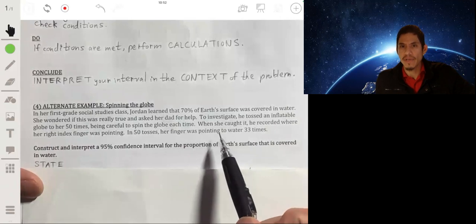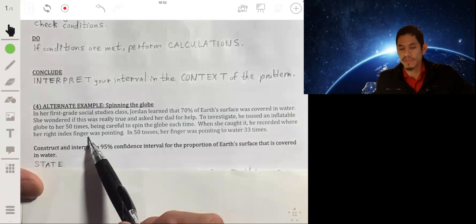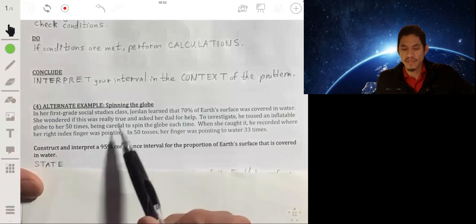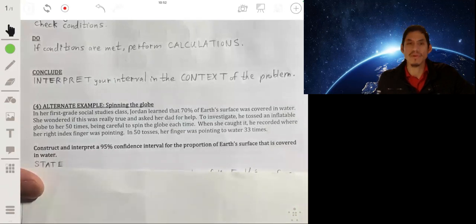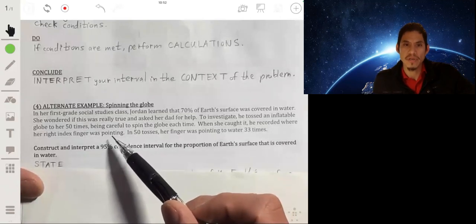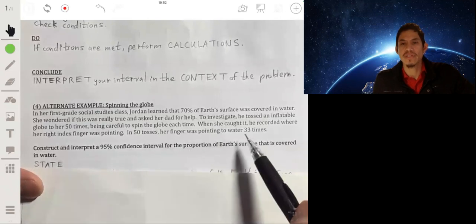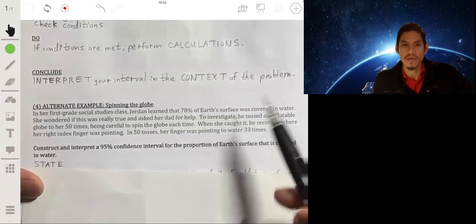And each time she caught it, he recorded where her right index finger was pointing. So essentially, he tossed it to her 50 times and tried to record 50 different locations of where she was pointing with her index finger. And out of those 50 tosses, 33 of the times, her finger was pointing to water.